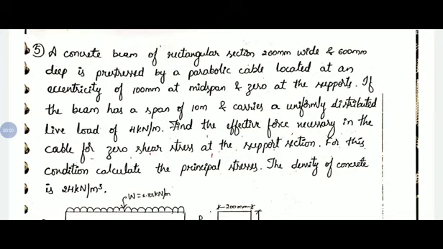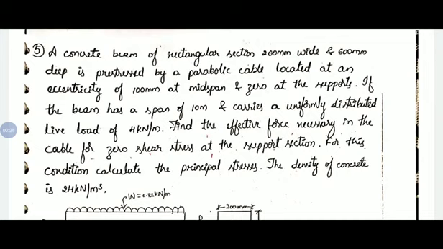Today's first problem. A concrete beam of rectangular section 200 mm wide and 600 mm deep is pre-stressed by a parabolic cable located at an eccentricity of 100 mm at midspan and 0 at the supports.